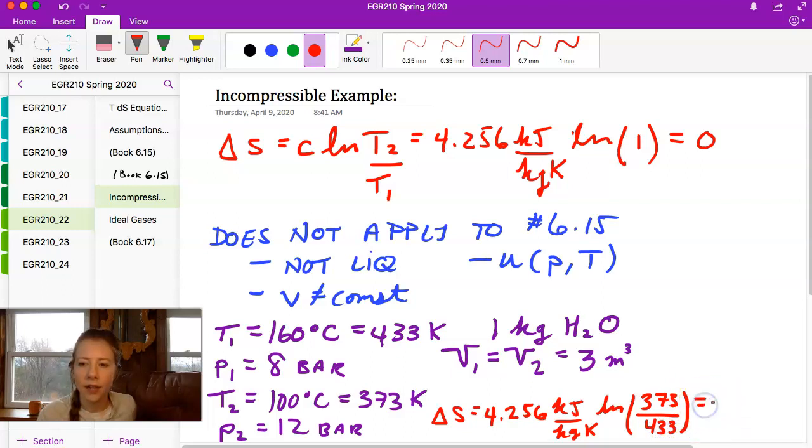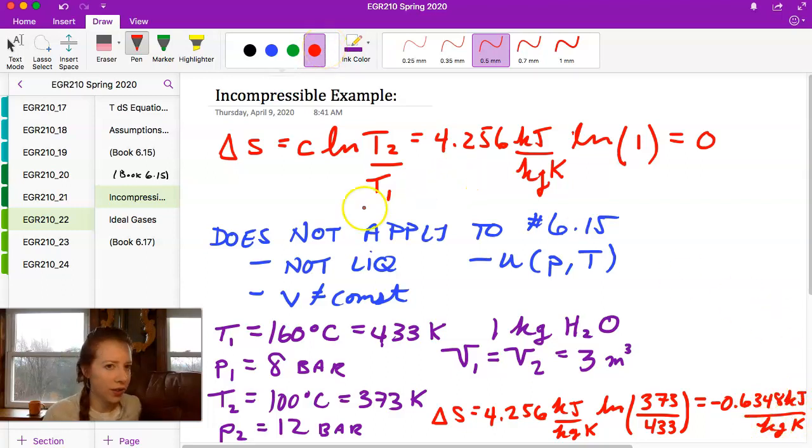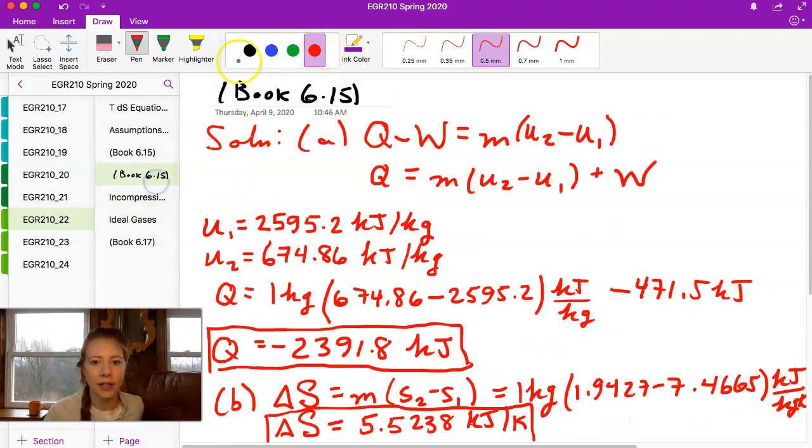And this is going to give us minus 0.6348 kilojoules per kilogram Kelvin. And for 1 kilogram of water, it would just be minus 0.6348 kilojoule per Kelvin. And it just occurred to me that in our last example, we're missing a minus sign here. Okay.